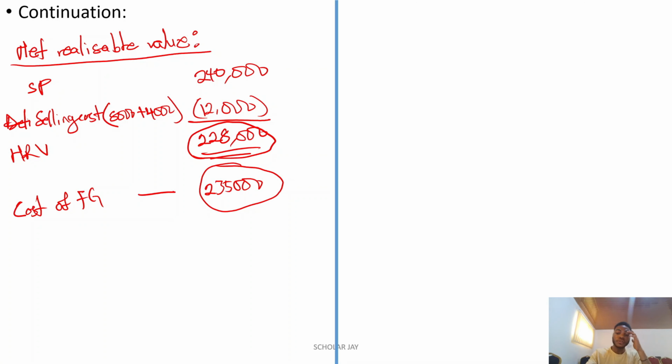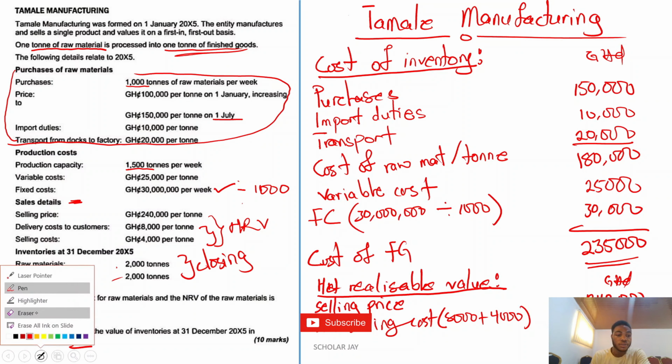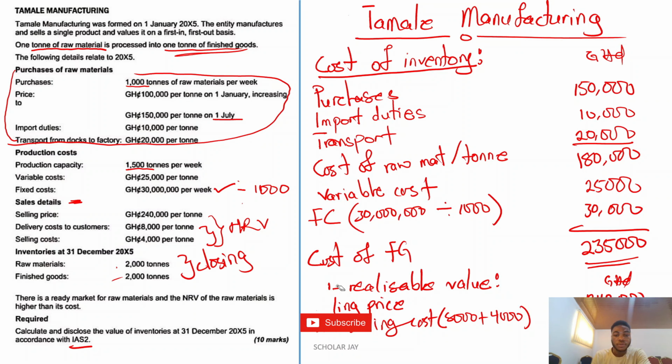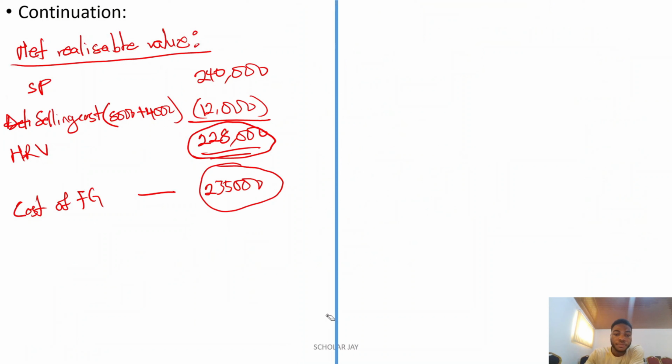Okay. So that is it. Let me clean this. Okay.